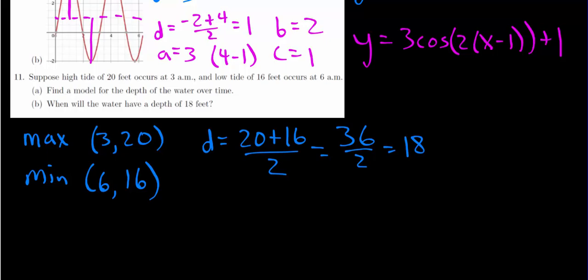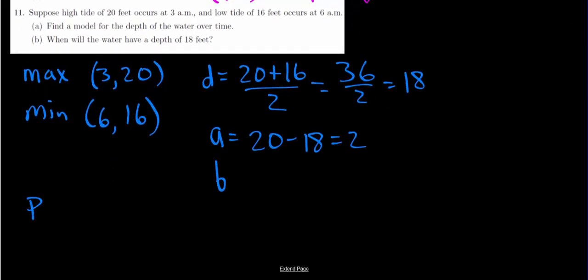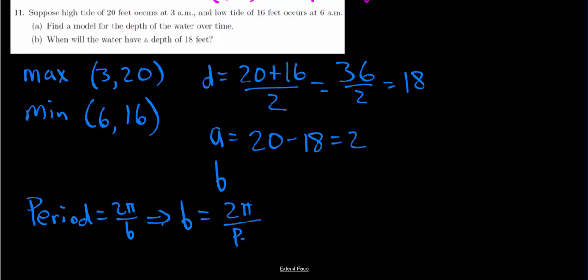Okay, so that's the average. And then we need to know, well, what is A? Well, A is going to be the max, which is 20, minus D, which is 18, so 2. We also need to know B. Now remember B, the period, we can always calculate the period by 2 pi divided by B. Likewise, B is equal to 2 pi divided by the period.